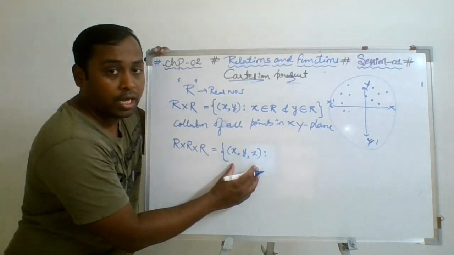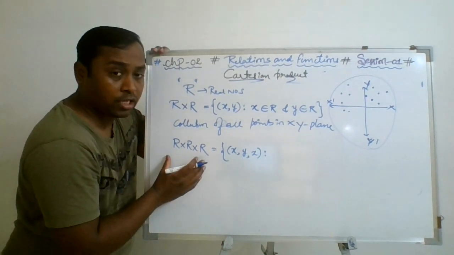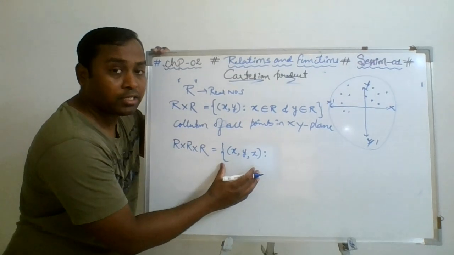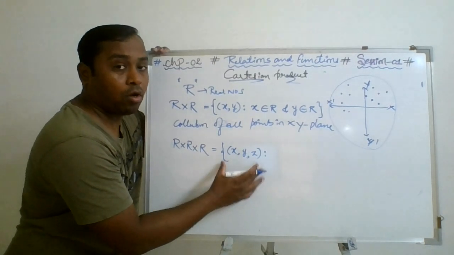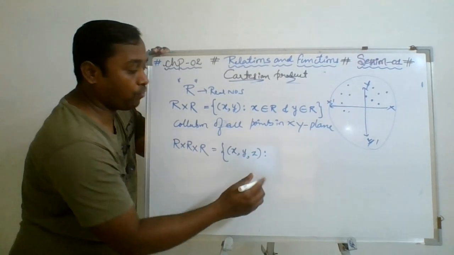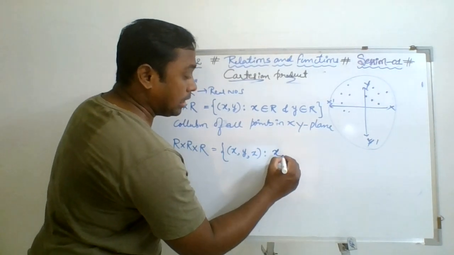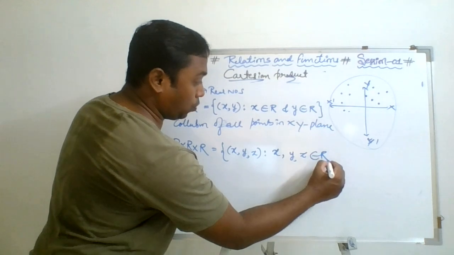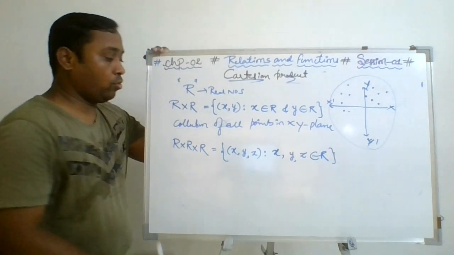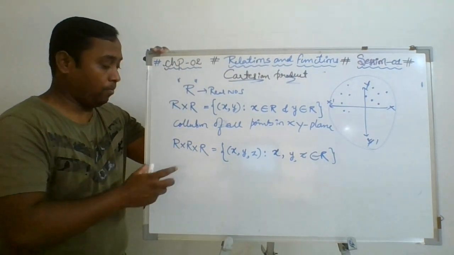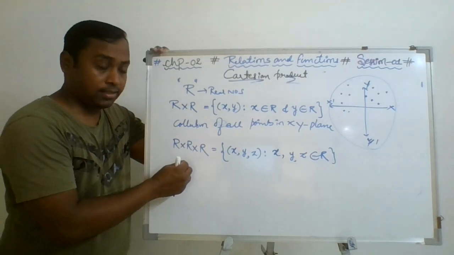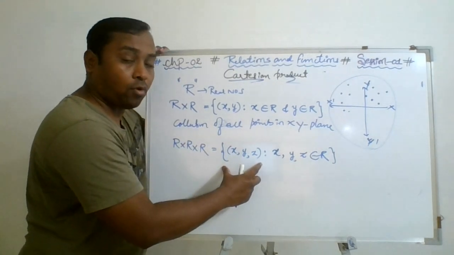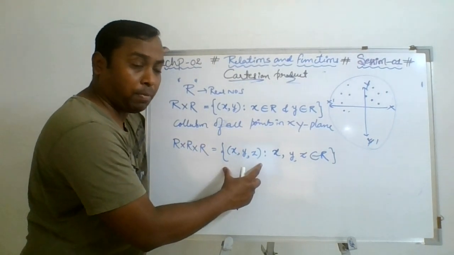This Cartesian product gives the set of all possible ordered triplets where x, y and z all belong to real numbers. When we take the combination of three sets, it will give the set of all possible ordered triplets.